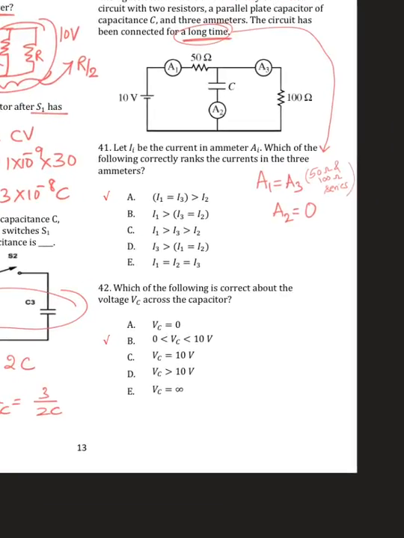Which of the following is correct about the voltage VC across the capacitor? Okay, so if you look at the voltage across the capacitor, we have got current in A1 as well as some current in A3.